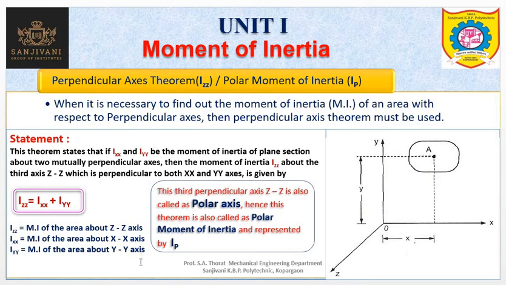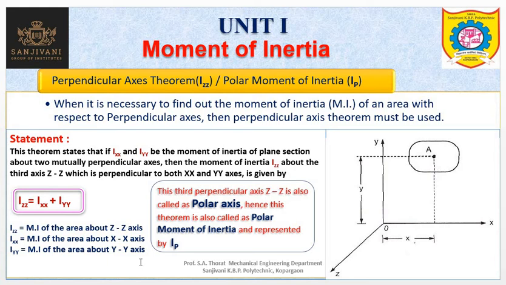Now sometimes this perpendicular axis theorem is also treated as the polar moment of inertia. Why? When any object is in space, to locate its position we require three axes, that is axis x, axis y and axis z. At that time, this zz axis is called the polar axis.